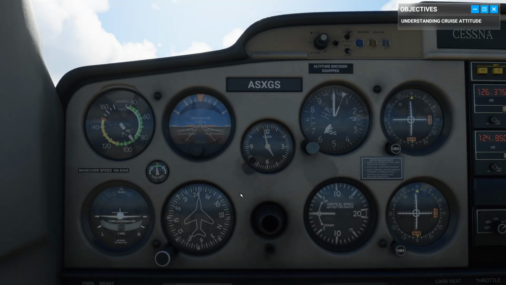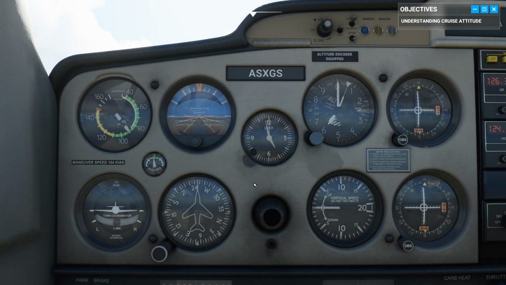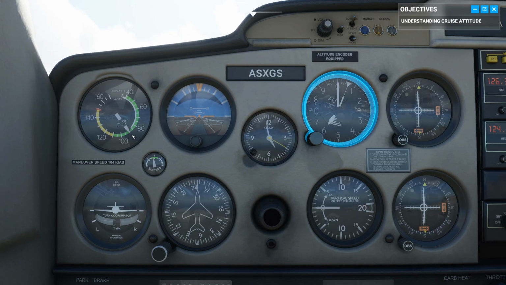Now, last but not least, check your altimeter. To figure out your altitude, you always want to read the small needle first. That's how many thousands of feet up you are. Then on to the big needle for the hundreds. So we're at 6,000 feet. With our current attitude and power output, we're holding a speed of 90 knots and a stable altitude of 6,000 feet.